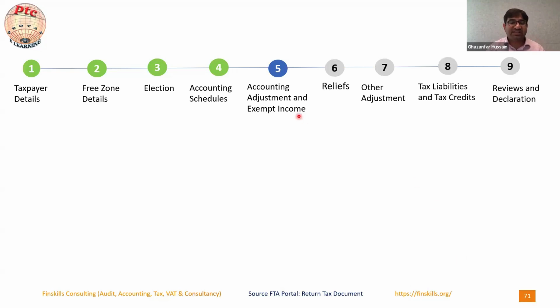Now here we are going to discuss the adjustment. From the reporting team, we already took the accounting schedule, which we have seen. Once we receive this information, what are the accounting adjustments and exempt income that will adjust the profit? Again, I am taking this information from the return and sharing it with you for better understanding.